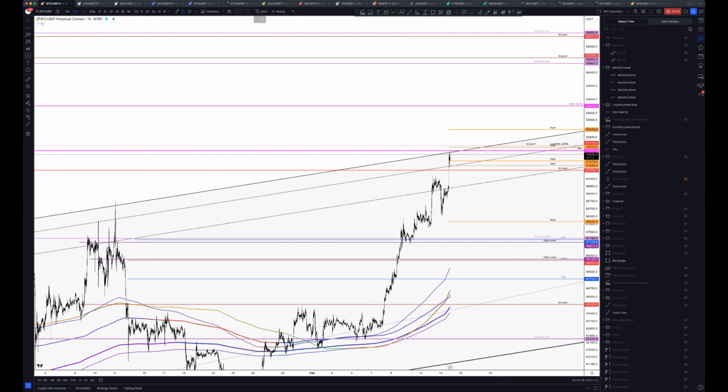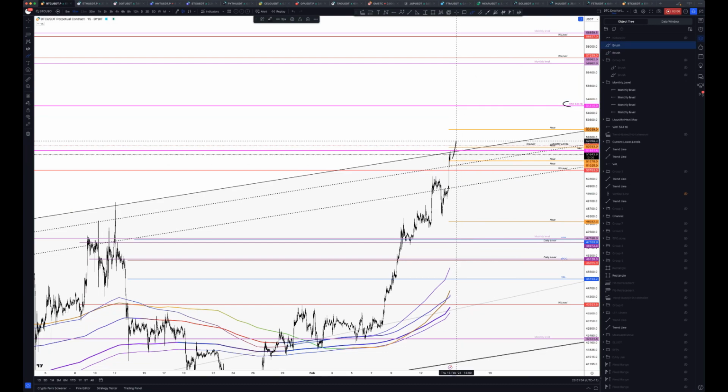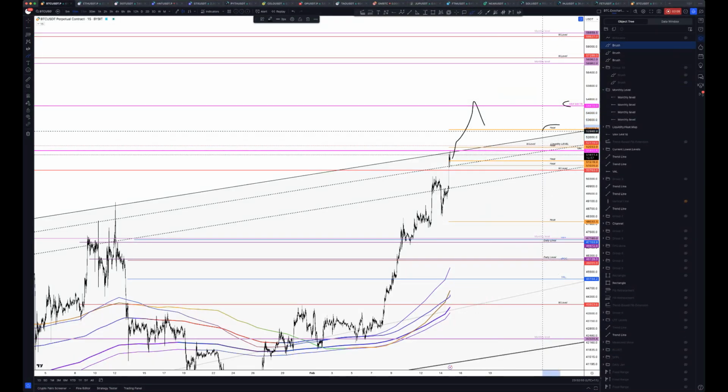The second scenario, which I'm looking for a higher level, which is the value area high here. So we can potentially look at price going all the way there and then falling, bypassing this heat or liquidity level.